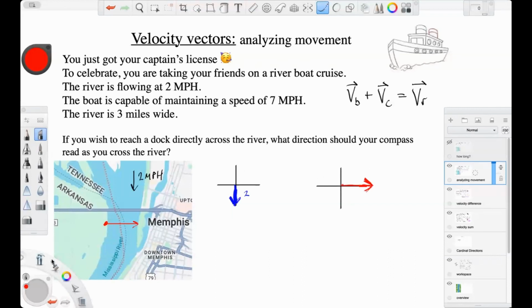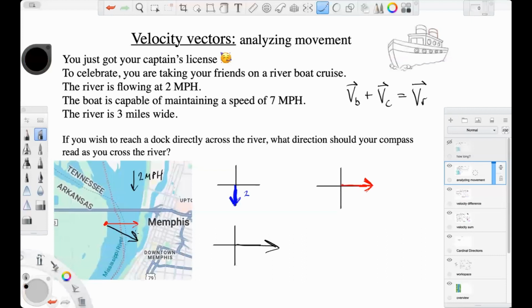So what that means then is if we think about your boat, your boat is capable of maintaining a speed of 7 miles per hour, but you get to decide which direction to point the boat, right? So maybe let's just think about if you were to point the boat just straight across the river and the current is pushing you down at 2 miles per hour, you're going to end up down here somewhere, right?